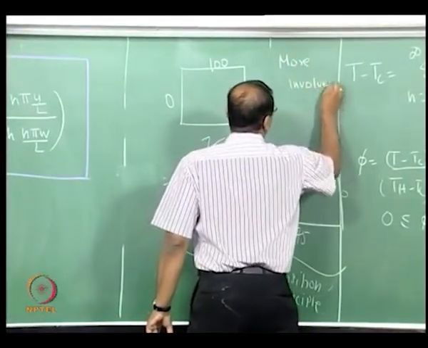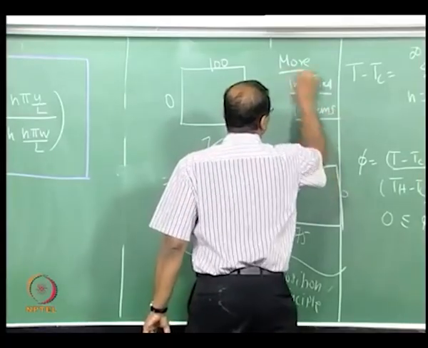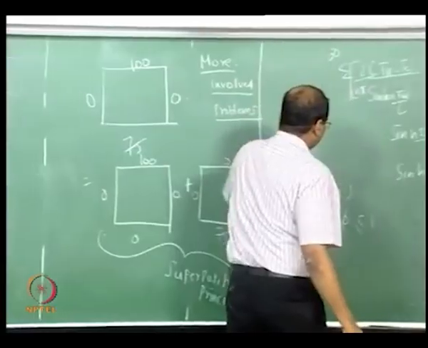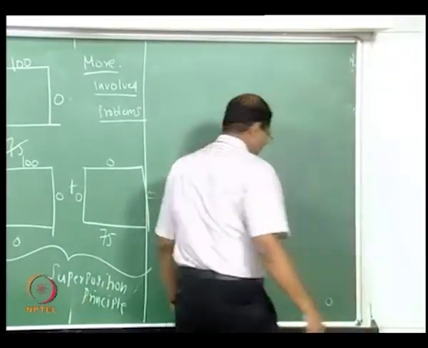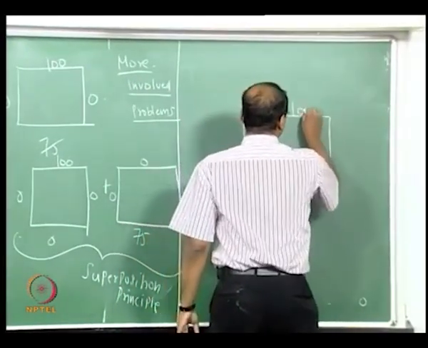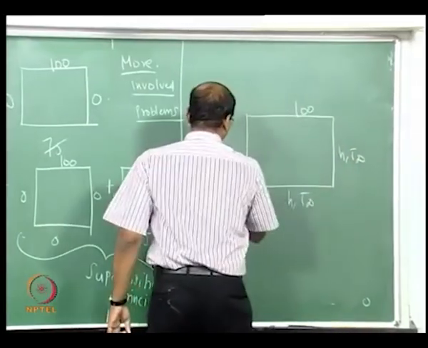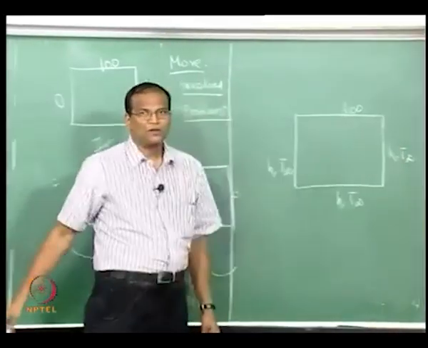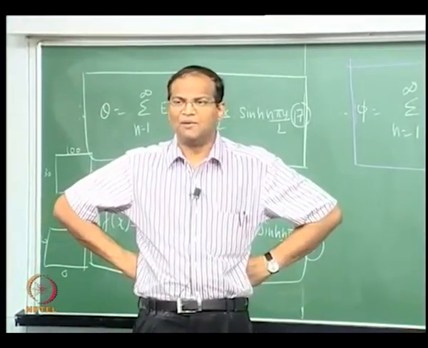So there are more involved problems like this. Or you can have convective conditions, then you have to put minus k dT/dx equal to h delta T on the 3 walls, and then you will get some solution like lambda n tan(lambda n L) equal to 0.